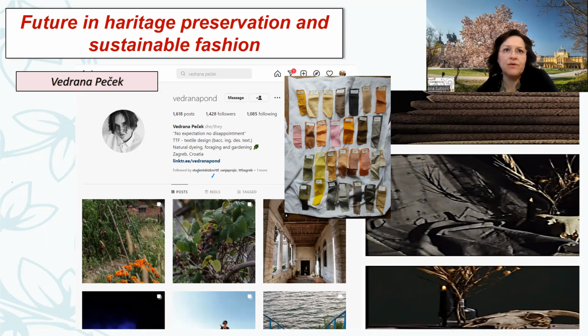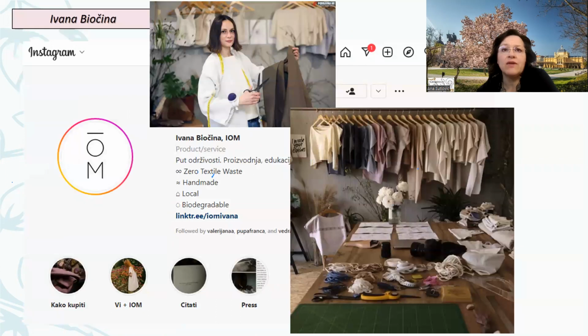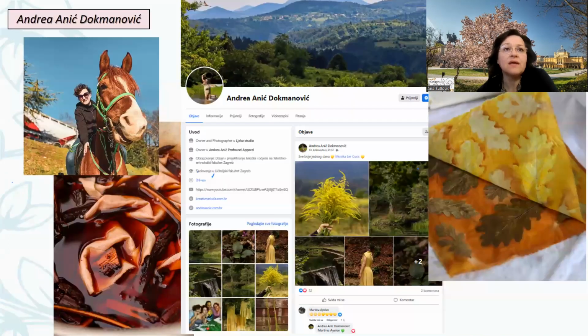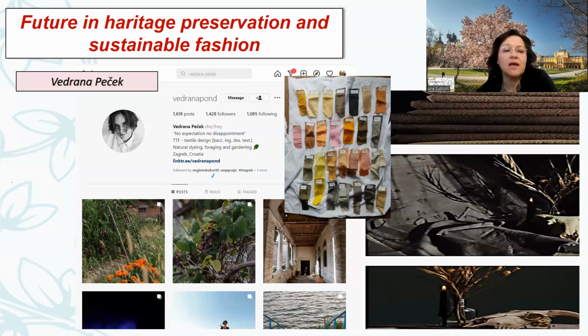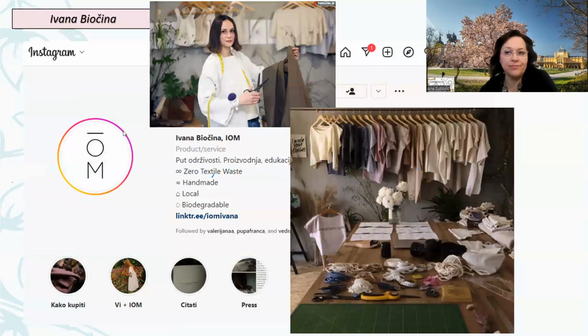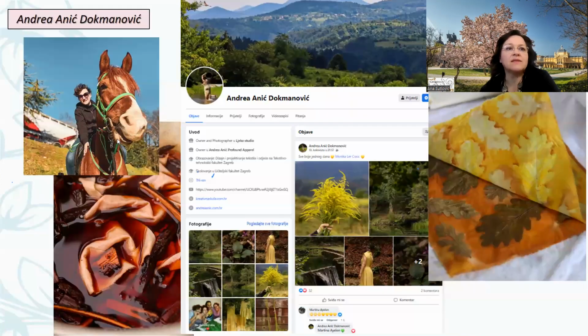Here is an example of three young women who graduated from the Faculty of Textile Technology in Zagreb, and they decided to change their lifestyle, live in small towns in harmony with nature, and deal with natural dyes. We can find a lot of information about them on social networks, but here the first one is our Vedrana Pecek, then Ivana Biocina, and of course Andrea Dokmanovic.